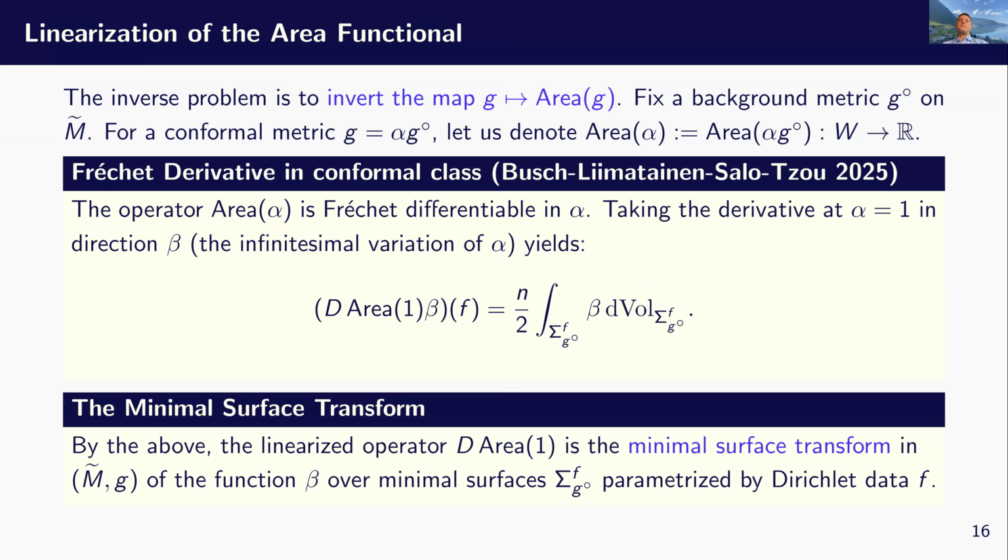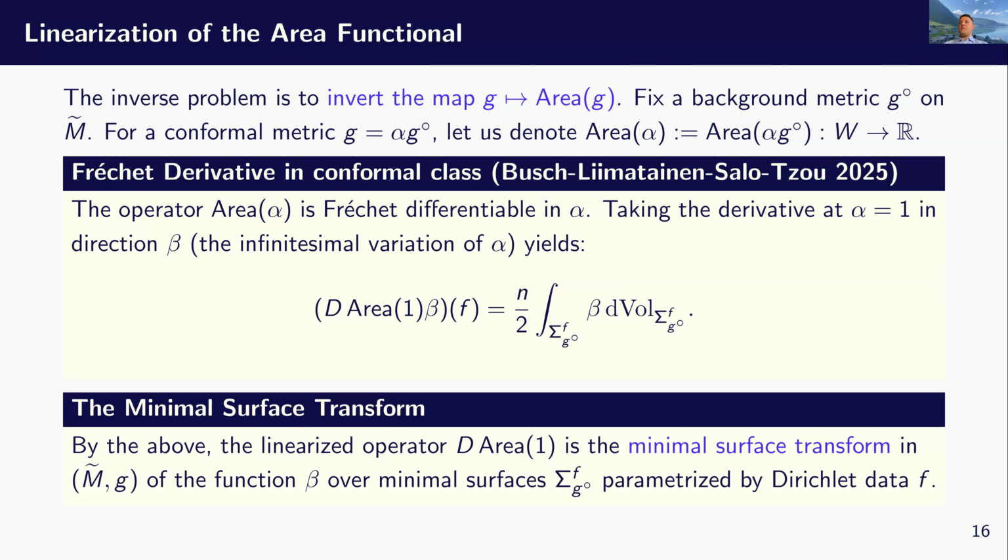So this is important. What this means is that the linearized operator in the conformal factor alpha is the minimal surface transformation acting on the variation beta on these minimal surfaces sigma_f^g0.